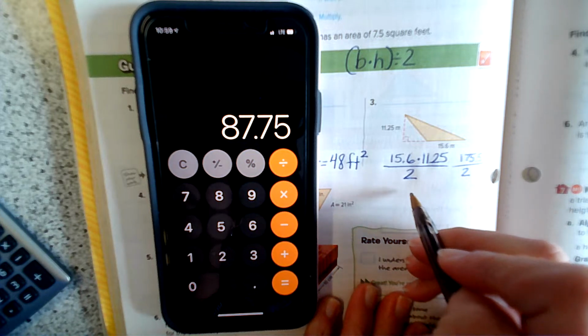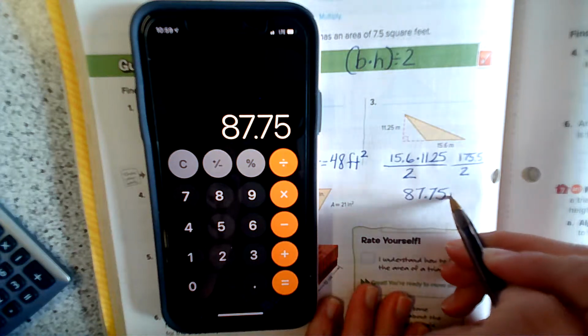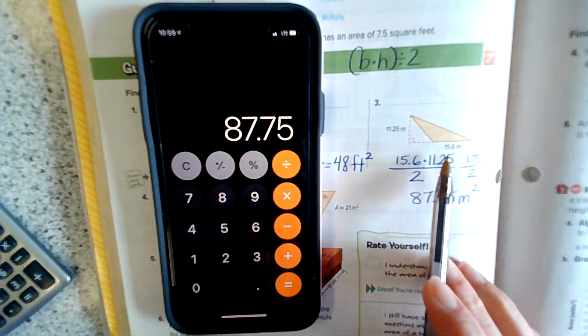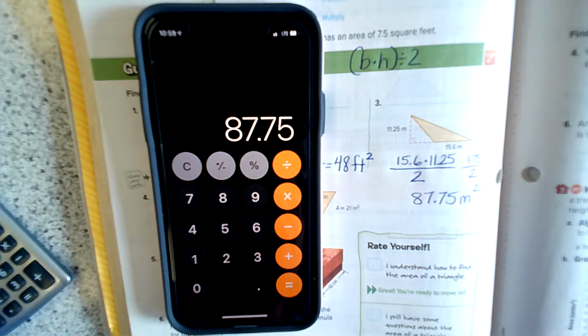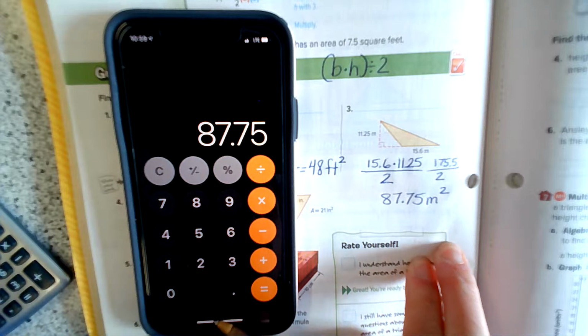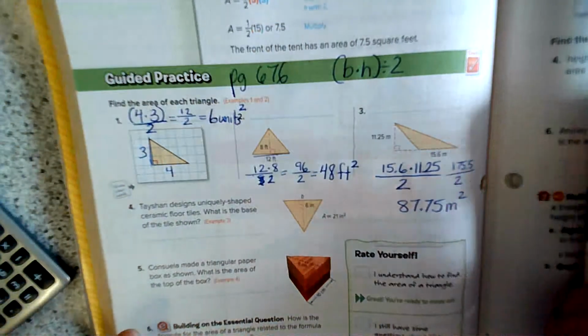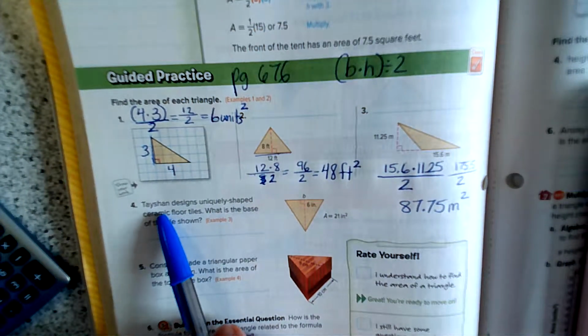So we get an area of 87 and 75/100 meters squared. There could be fractions, decimals, whole numbers, big numbers, small numbers. Every single time we find the area of a triangle, we are going to use the same formula, base times height divided by 2.